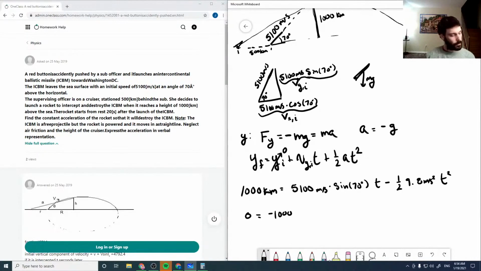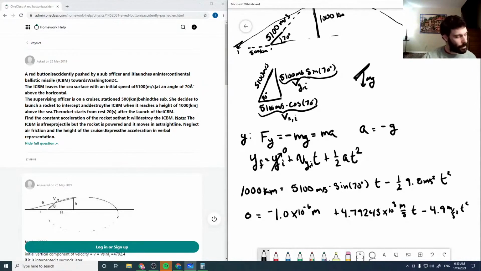So minus 1.0 times 10 to the 6 meters, plus, doing that out, 4.79243 times 10 to the 3 meters per second t minus 4.9 meters per second squared t squared. So now everything's in meters and seconds, so that's good.